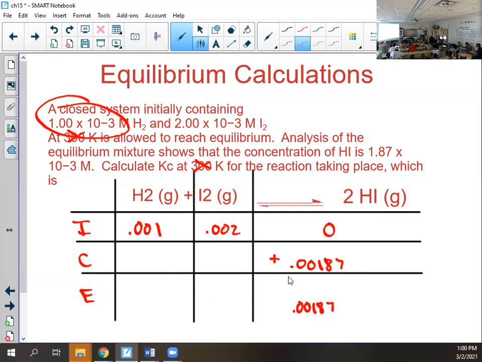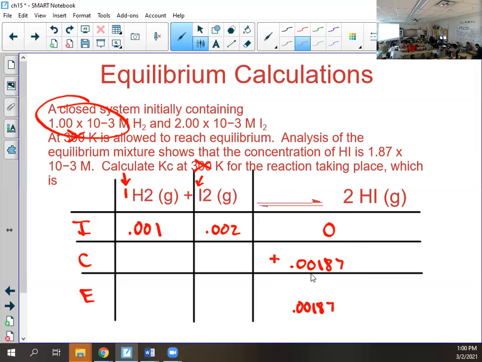Well, it depends on the coefficient. So both of these decrease by 1/2 of this. Their rate is 1/2 as much as HI. You with me on how I got that? Okay.